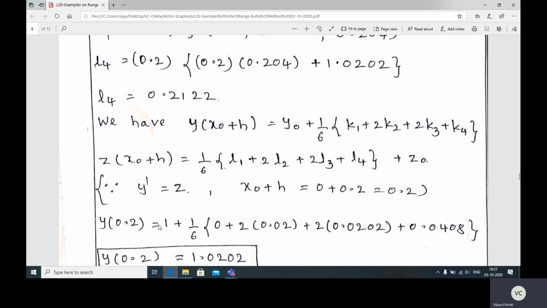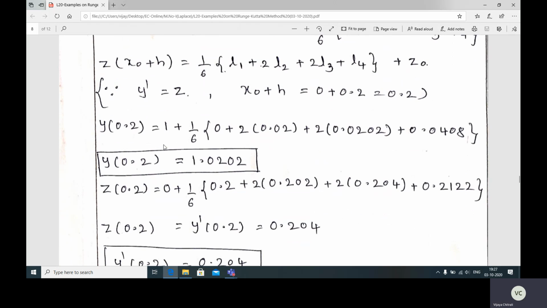And here y of 0.2 is 1 plus 1 by 6, k1 is 0, plus 2 into k2 is 0.02, plus 2 into k3 is 0.0202, plus k4 is 0.0408.